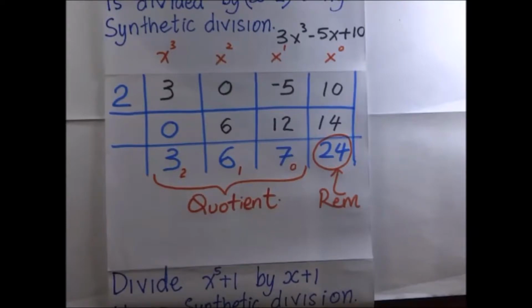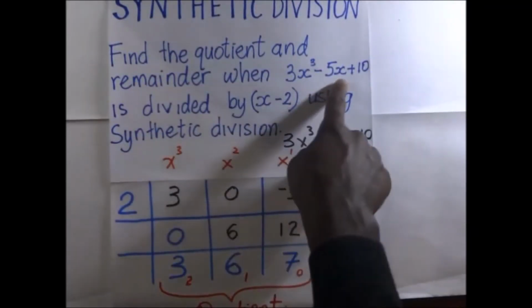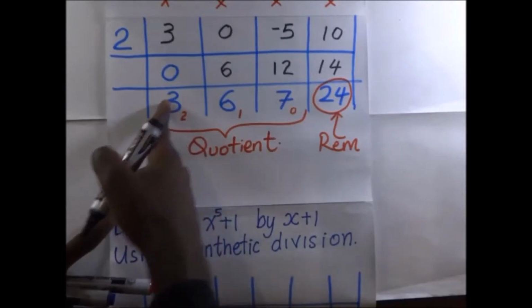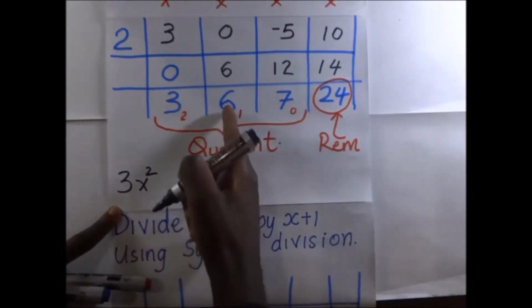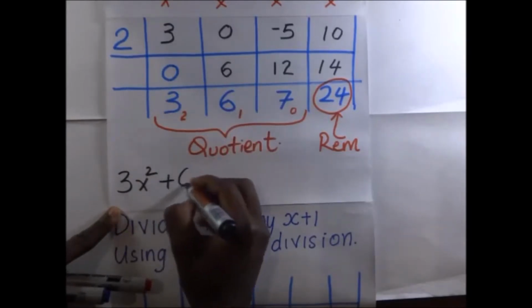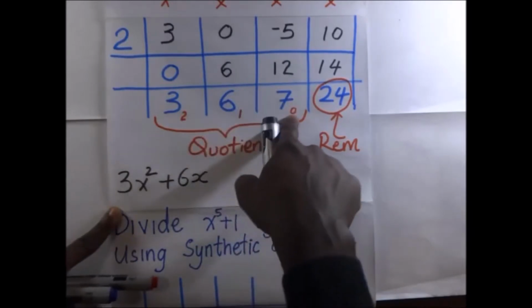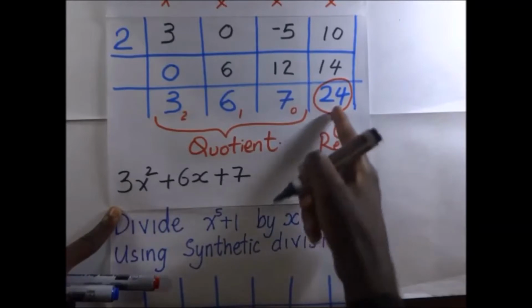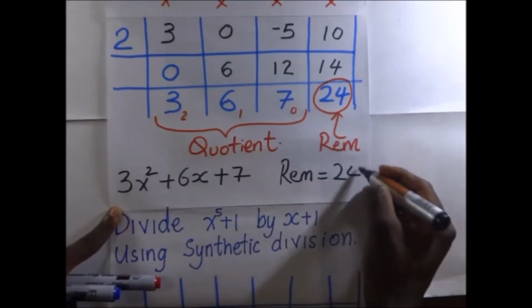So it means that our answer here, because they're asking us to find the quotient and the remainder when that is divided by that, our quotient will be 3x squared plus 6x to the power 1, plus 7x to the power 0 is 1, so it's plus 7. That will be our quotient, and our remainder is 24.